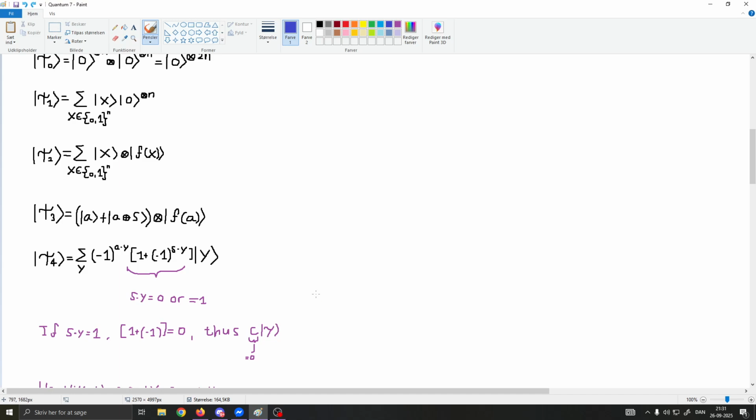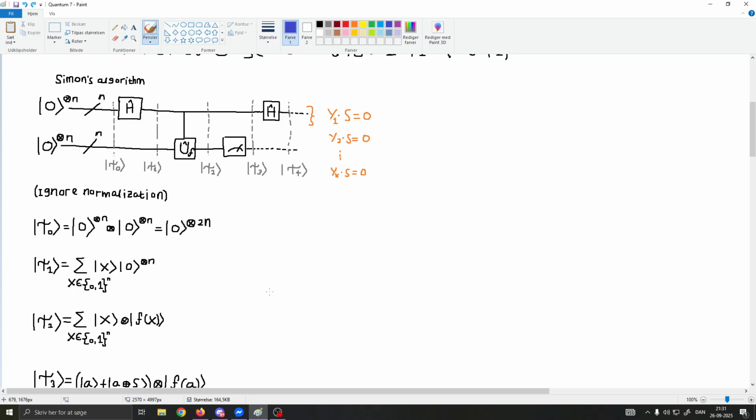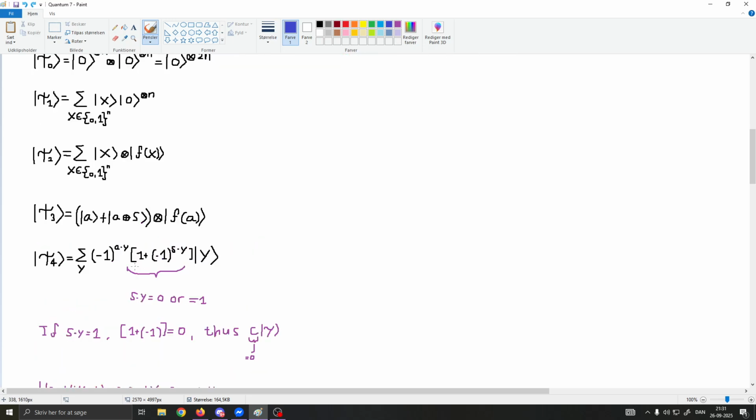So cool, we're in this situation. Now there's really just two steps left to do, which is that after we've measured and collapsed both registers, and our first register up here is in a superposition, we then Hadamard this register up here. From Hadamarding the first register, we get this expression right here.